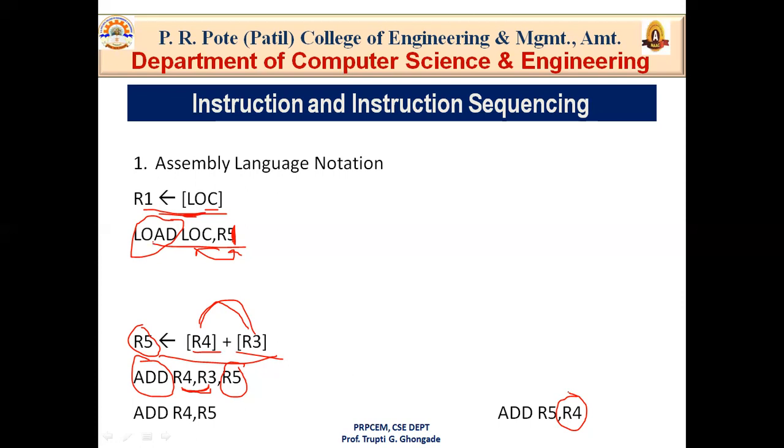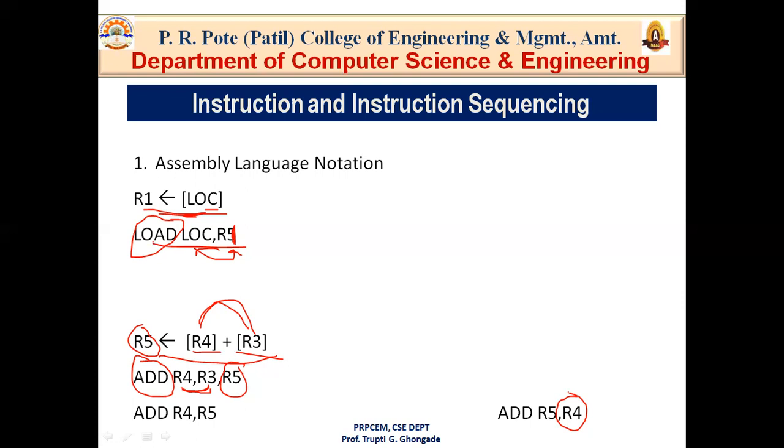We have to remember these things while doing operations. The contents of the source operands are not updated, but the destination location content is updated. So these are some operations and phases which we have to perform to execute an instruction.